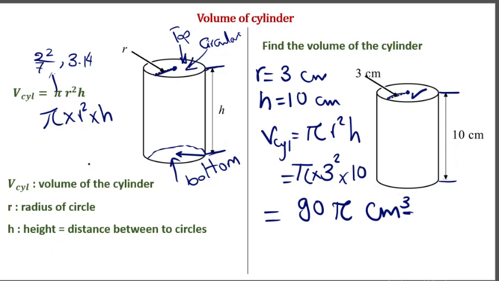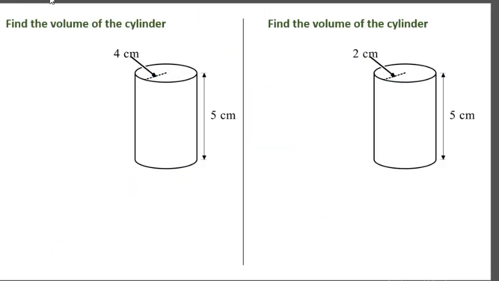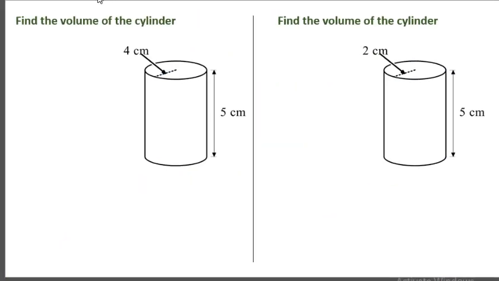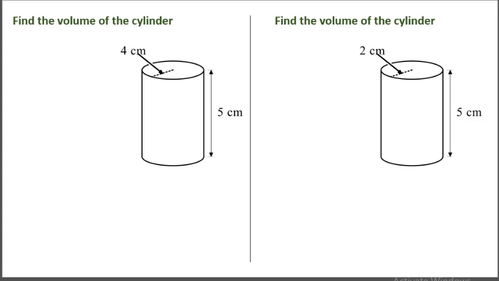The unit of the volume is cubed. Okay, let's see another example. Find the volume of the cylinder. What is 4? It is a dimension related to a circle, so it is a radius. Why radius? Because it is from the center to the end of the circle. So r will be 4. And what is 5? 5 is a distance between the top and the bottom.